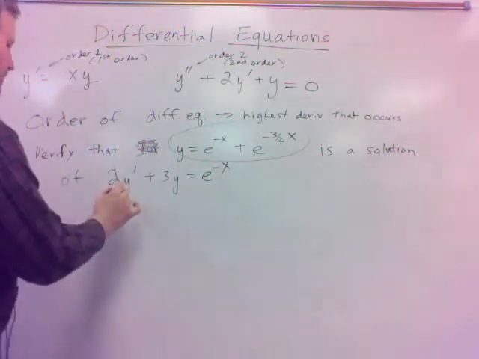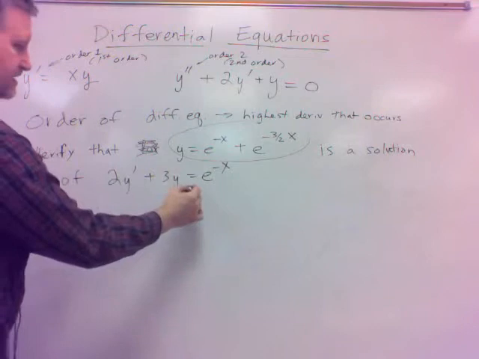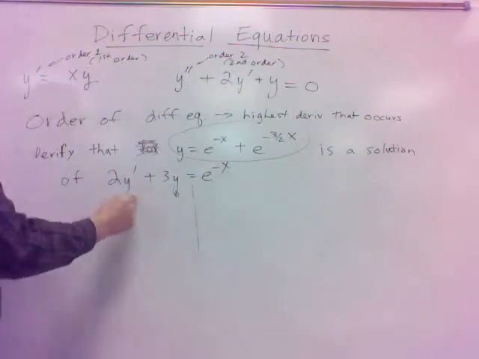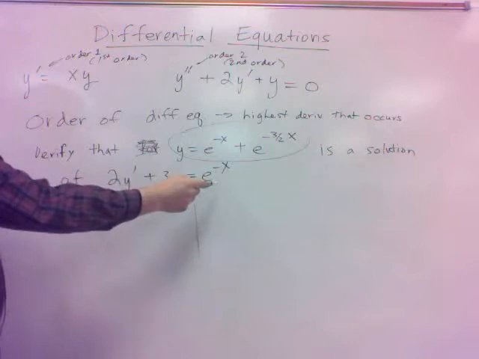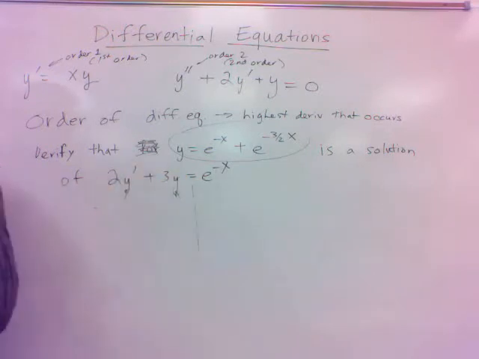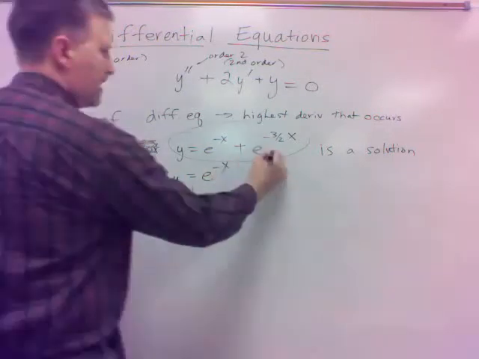All right, so to verify this, we're just going to see, if I plug in my y and my y prime, does it simplify out to be e to the minus x? That's what I basically need to do here, right? What's my y prime here?